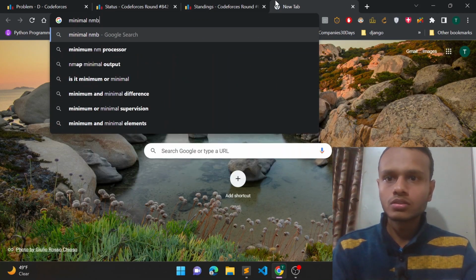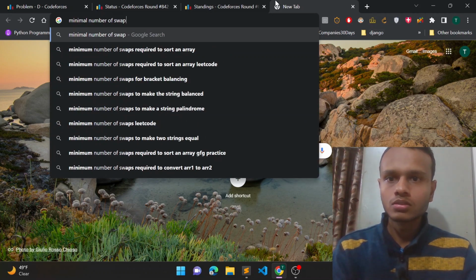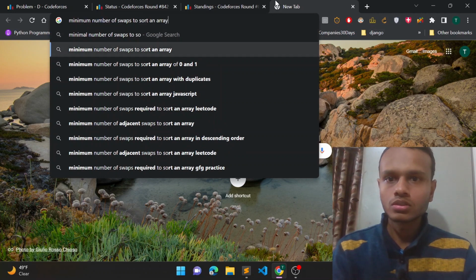Minimal number of swaps to sort an array.